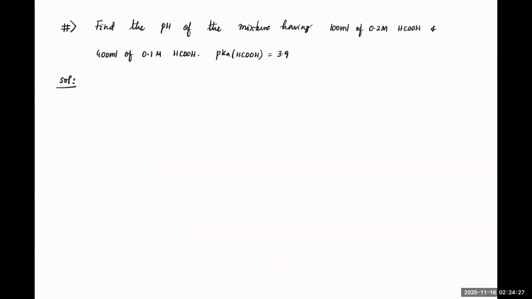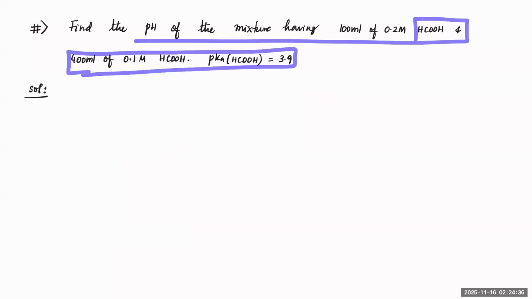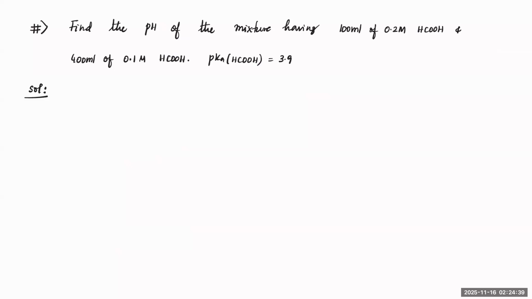What is this question? Find the pH of the mixture having HCOOH and another HCOOH of different concentrations. We have the same acid of two different concentrations. So you are supposed to calculate first what is the C naught of HCOOH.